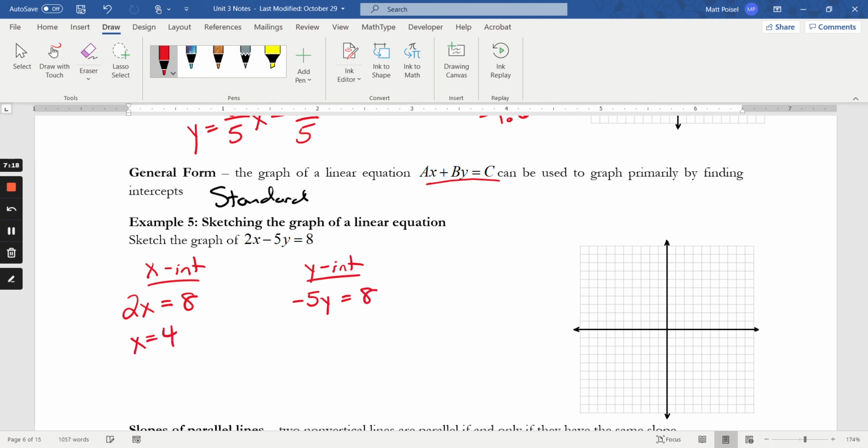Go ahead and solve that. X is 4, so go ahead and put a dot on 4 for that. This is negative 8/5, which again is not real helpful, but if we put negative 1.6, that's going to be a little bit more helpful. Just somewhere between negative 1 and negative 2. And from those 2 points, you have enough information to graph that line.